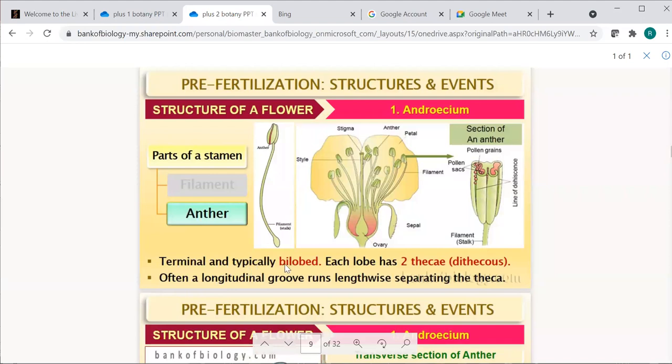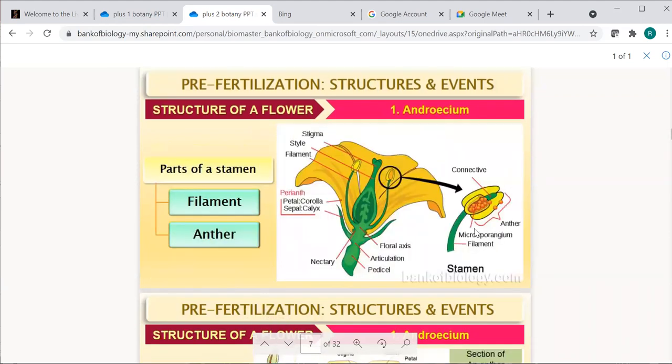Anther is typically bilobed. Bilobed मतलब it has two lobes. Each lobe has two thecae, dithecous मतलब two coverings. So see, this is anther, right?